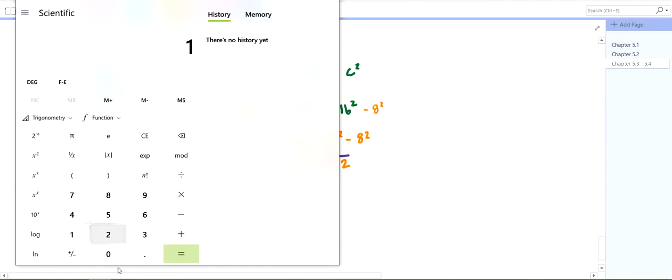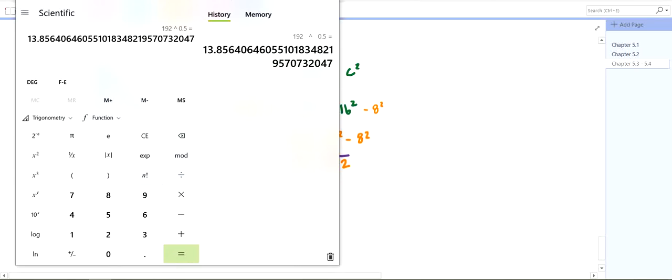I think I have to type in the number first here. 192. I don't see a square root, so what I will do is raise it to the power of 1/2. It's the same thing as the square root.